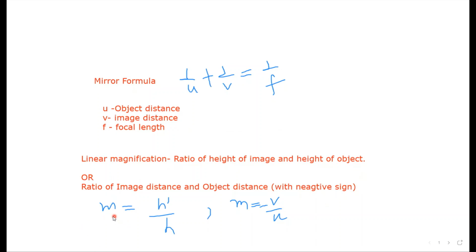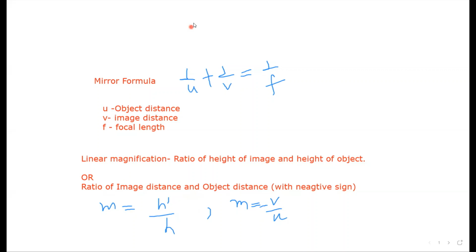So as you can see here, m equals h dash upon h. h dash here is the height of image, and h stands for the height of object. And one more formula you may use to find linear magnification is the ratio of image distance and object distance, but don't forget to put the negative sign.